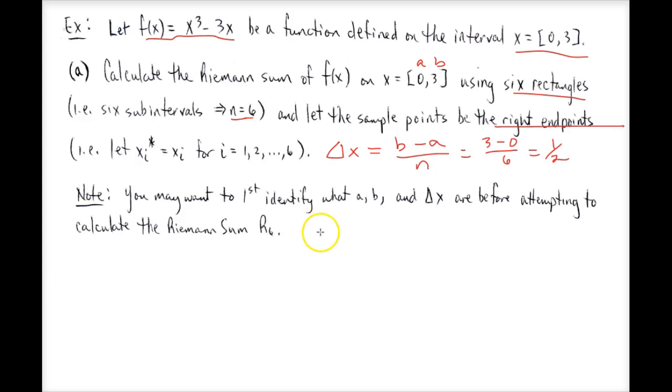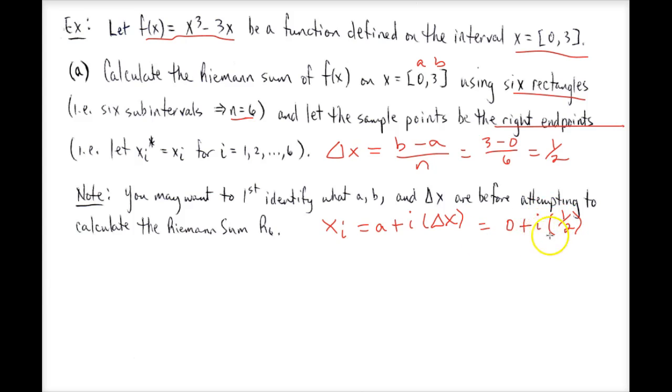Now, we also know that our x sub i values can be modeled by x sub i equals a plus i times delta x, which in this case is going to be 0 plus i times 1/2.